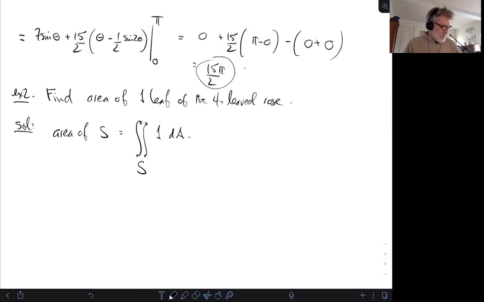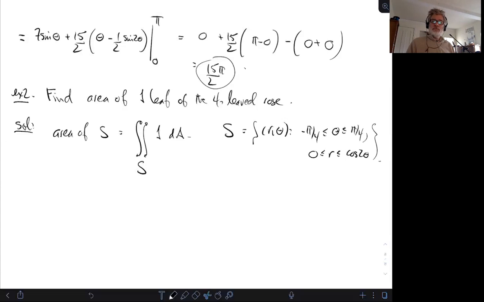Again, what is S? We saw it earlier. It's the set of all (r, theta) such that theta is between minus pi over 4 and pi over 4, and r is between 0 and cos 2 theta.